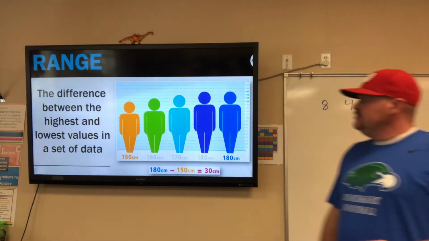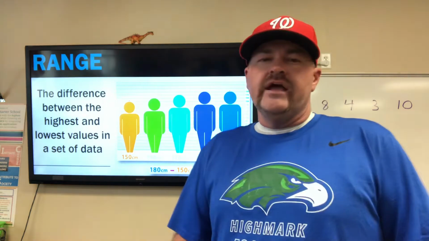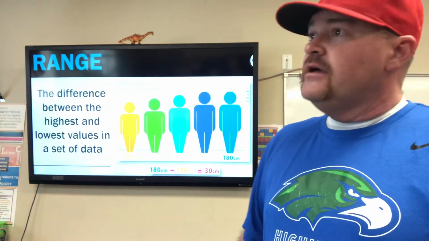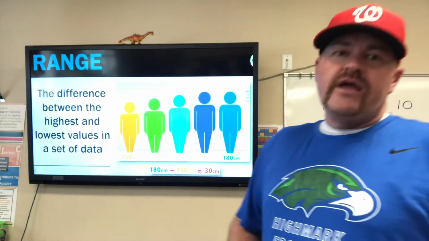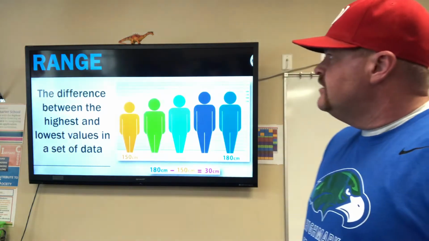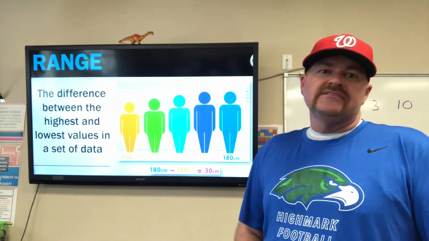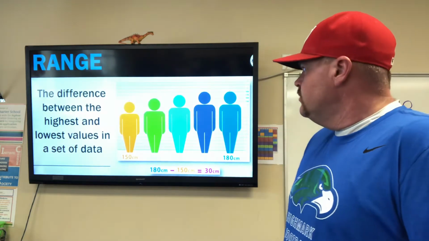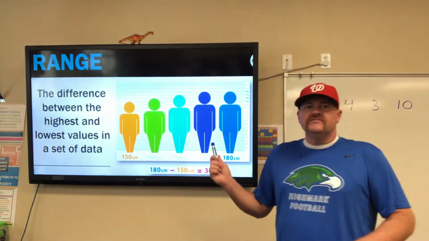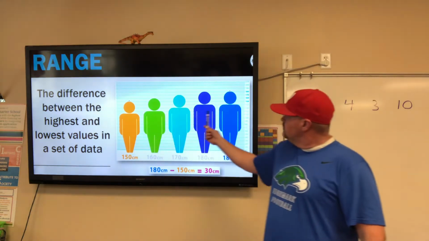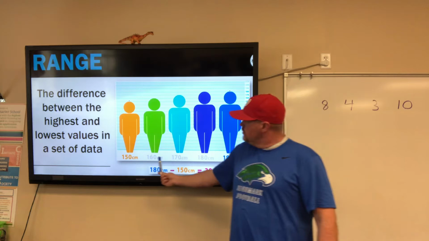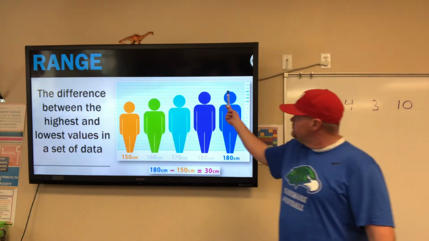That key word will be range. As you can see behind me, again, pause the video if you need to write this down. The range of a set of data is defined as the difference between the highest and the lowest values. In this example on the TV, you can see some representations of some people and their heights below, going from smallest up to tallest.